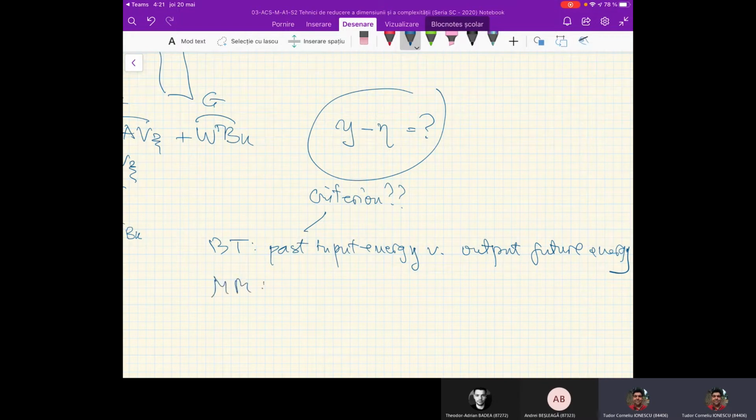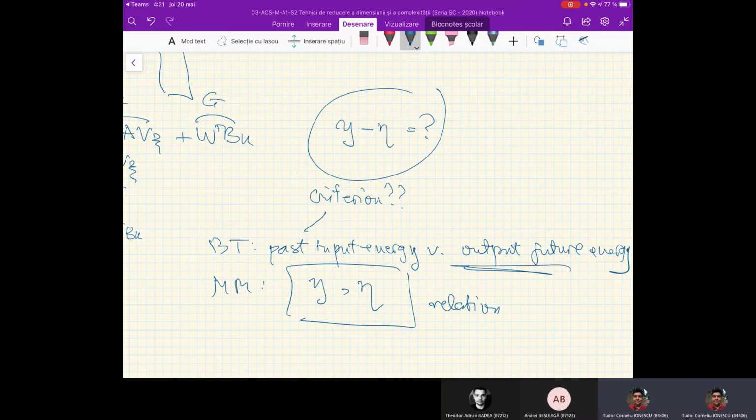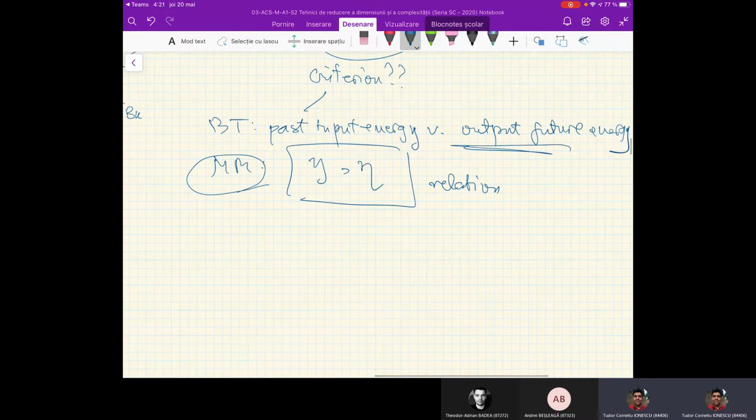Moment matching. Moment matching is a direct relation between Y and eta. We didn't have it here. We had no such thing over here. We are going to impose a specific condition on Y and eta, and we get the so-called moment matching techniques. The nice thing about moment matching techniques is that they are in a one-to-one relation with V and W transposed.